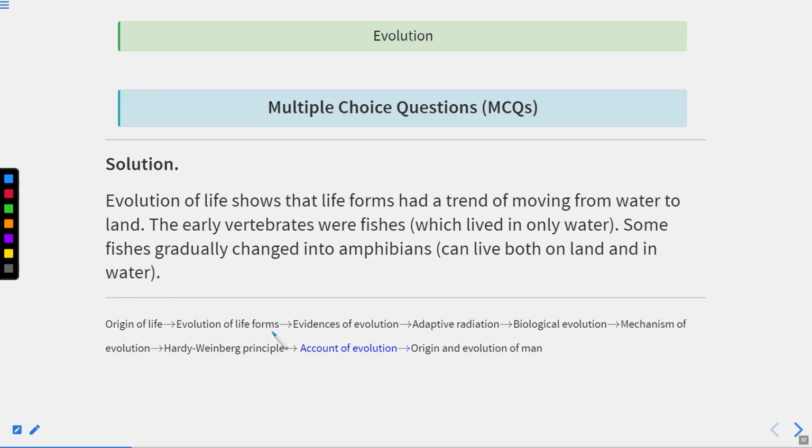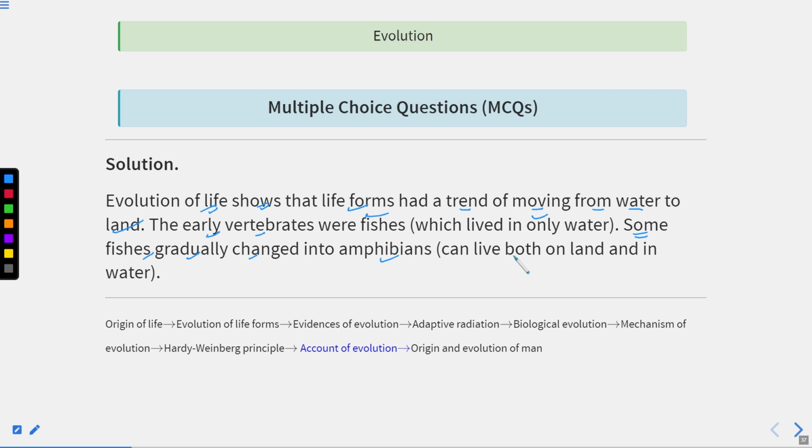Now let's see the explanation. The evolution of life shows that life forms had a trend of moving from water to the land. The early vertebrates were fishes. Fishes are aquatic, they live only in water. Some fishes gradually changed into amphibians.